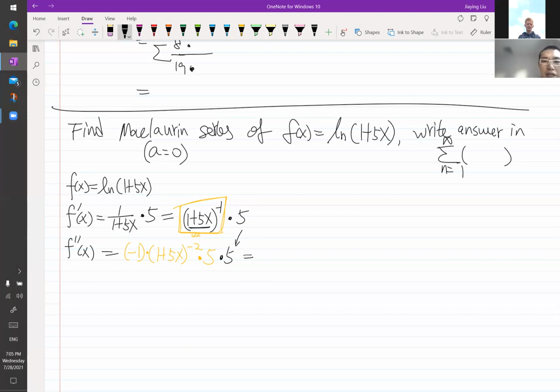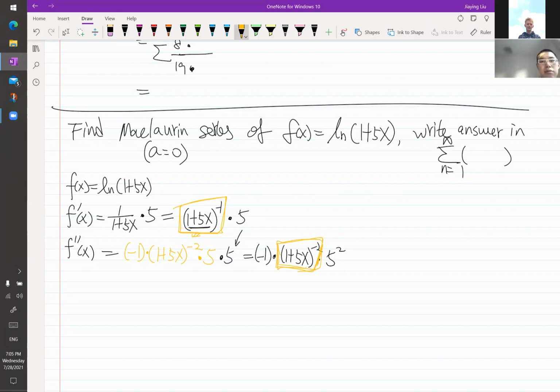I'm going to write it as negative 1, and just put it aside. I don't want to touch the negative 1 for now. And then 1 plus 5x to the negative 2. And then the 5 times 5, I'm going to keep as 5 squared.